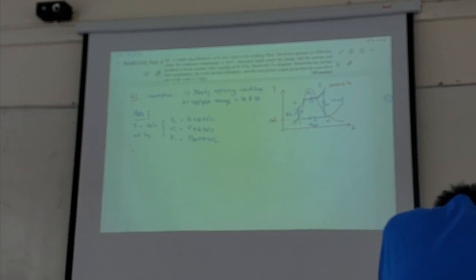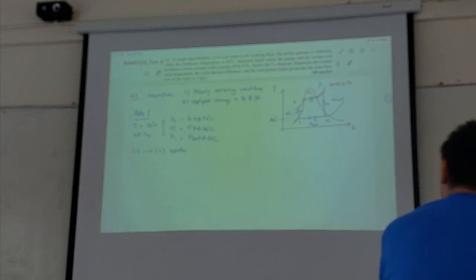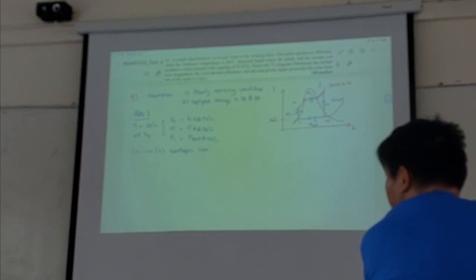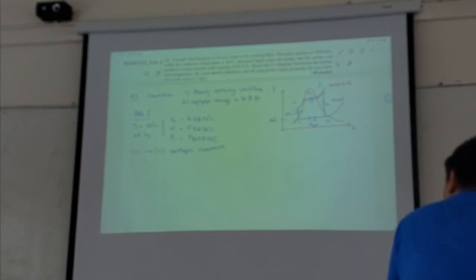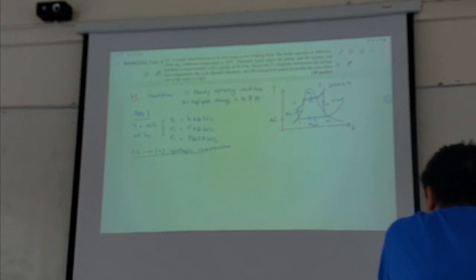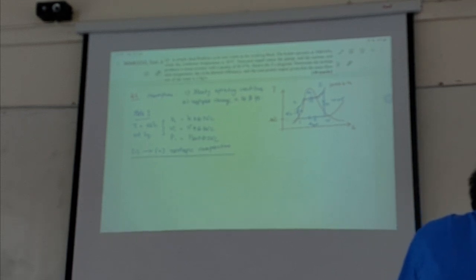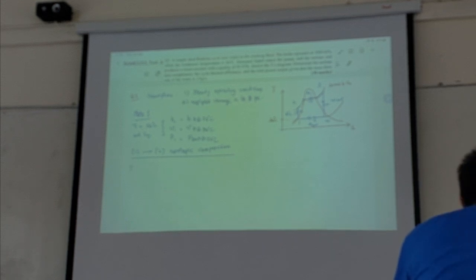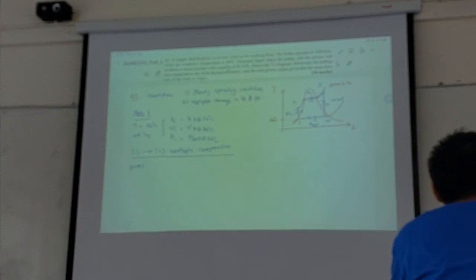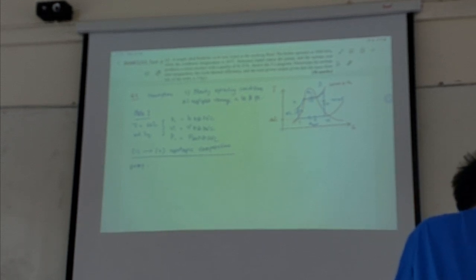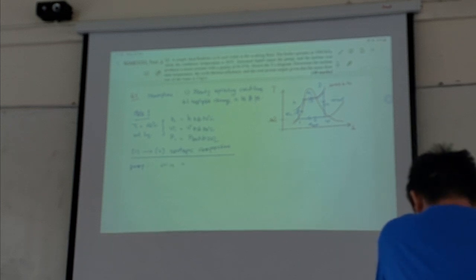So now we move on. So 1 to 2 is isentropic compression. We have learned that for the pump, right? For isentropic compression, you can find the work based on v1 times P2 minus P1.